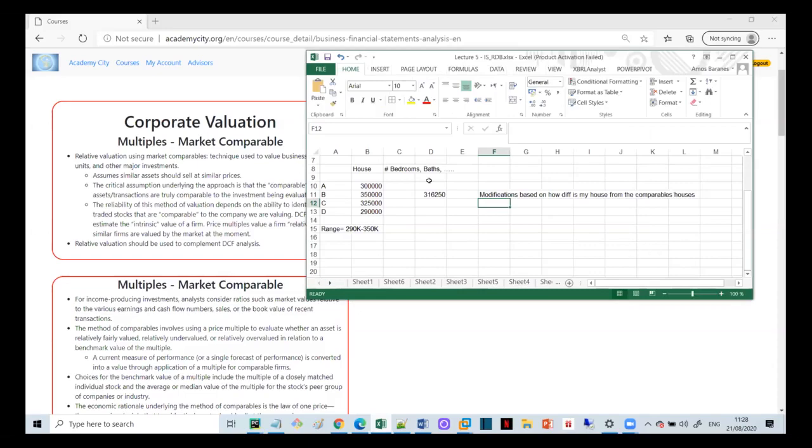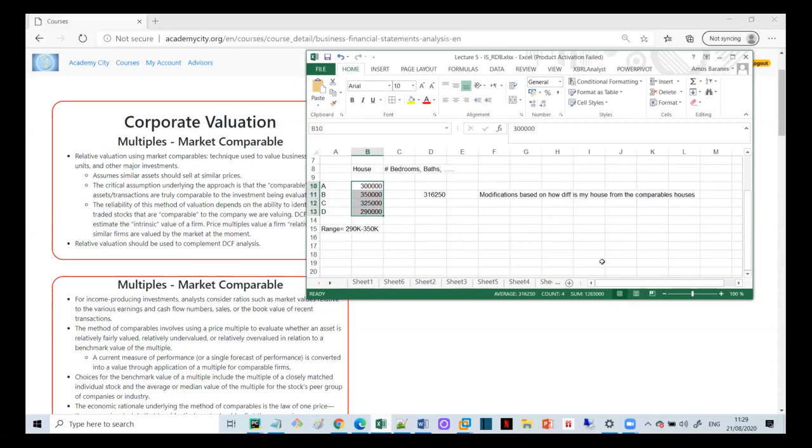Step number 1, I define what I'm looking for, and I want to come up with an offer, how much I want to pay for it. Number 2, I look for comparable transactions that are similar to mine. After I find them, I see how much each one of them was sold for.